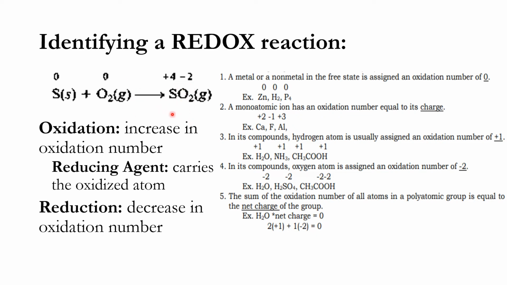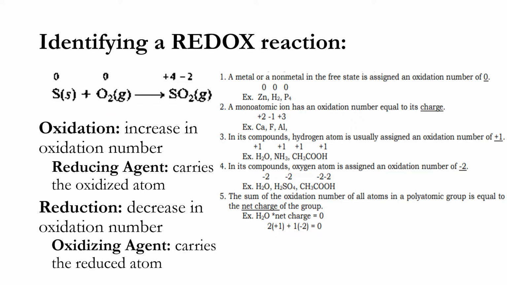Hence, oxygen is reduced or undergoes reduction. The substance carrying the reduced atom acts as an oxidizing agent. It causes the other substance to be oxidized. That's why it's called oxidizing agent.